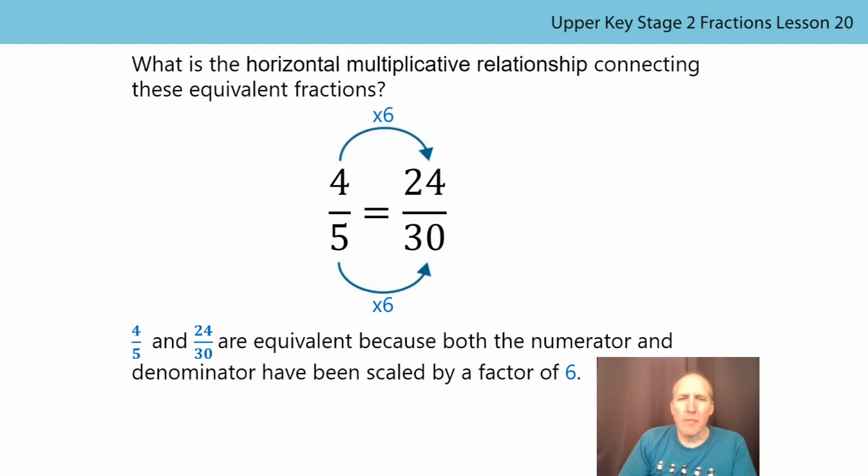So we can say 4/5 and 24/30 are equivalent because both the numerator and denominator have been scaled by a factor of 6. Remember, fractions that are equivalent have the same value. They're the same proportion of the whole. One of the most important aspects of fractions is being able to notice the horizontal multiplicative relationship between two fractions.